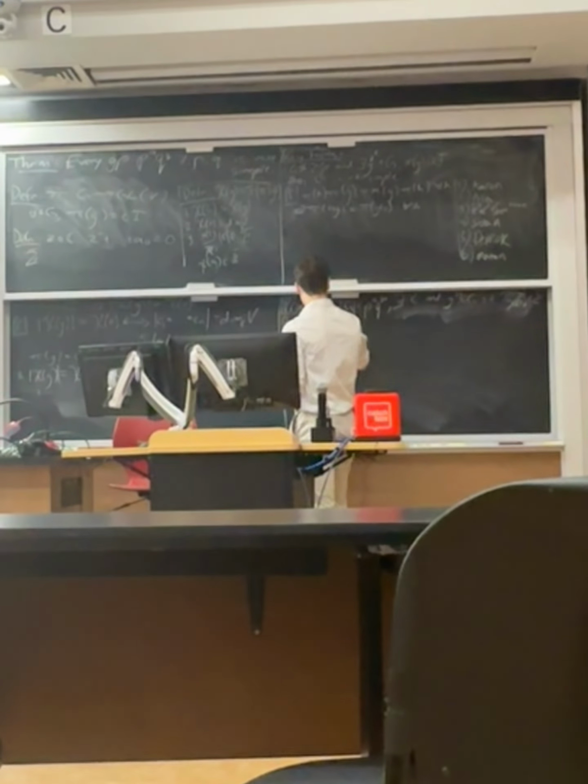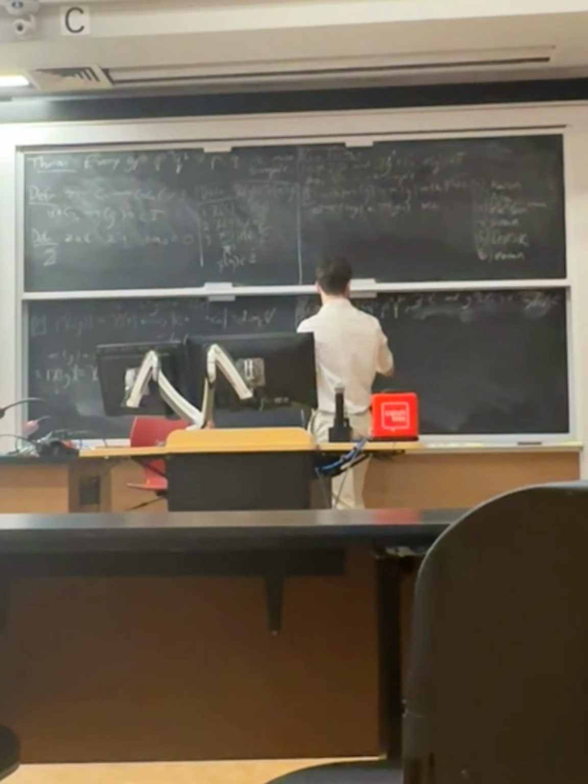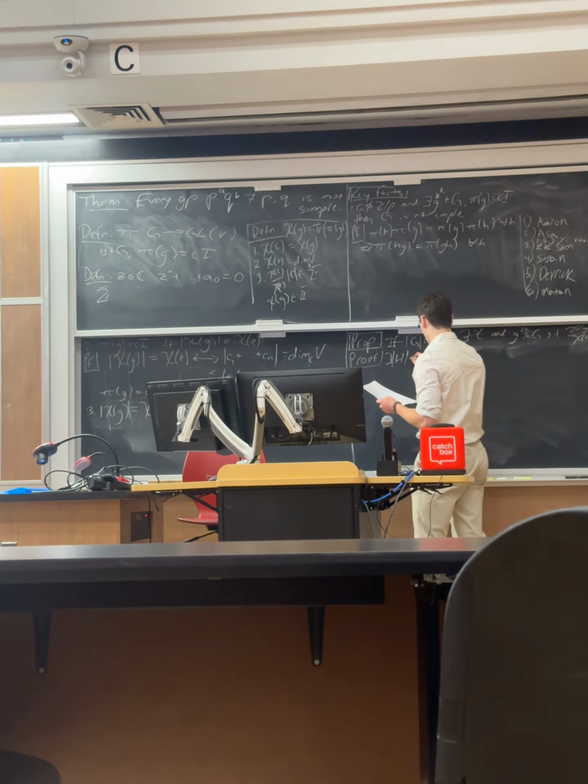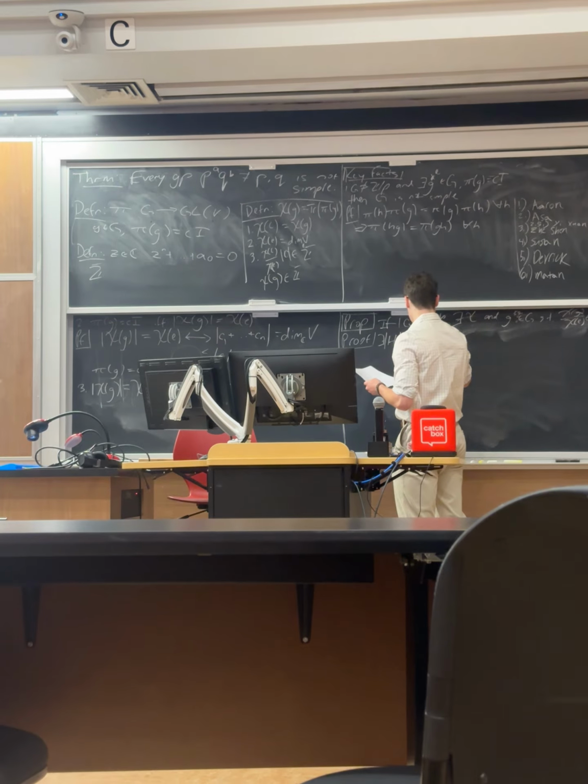Okay, so by Sylow, we have a subgroup of order q to the b.